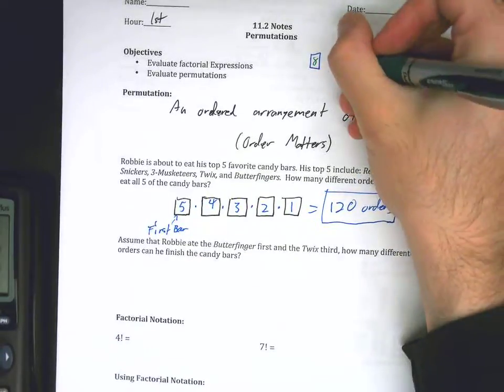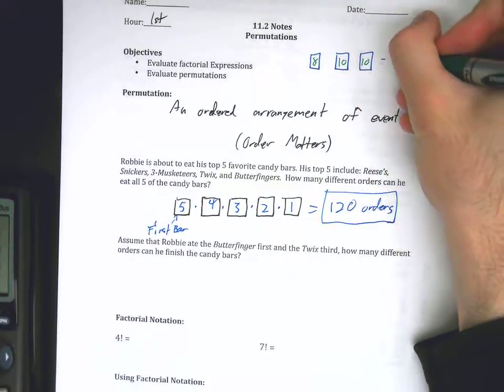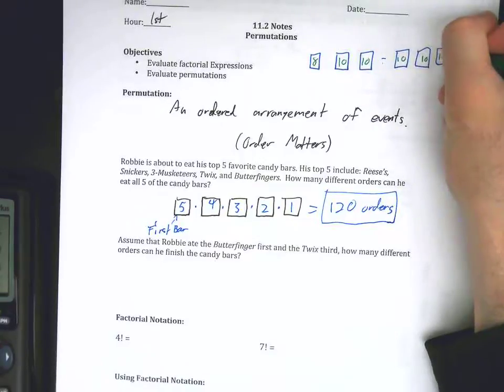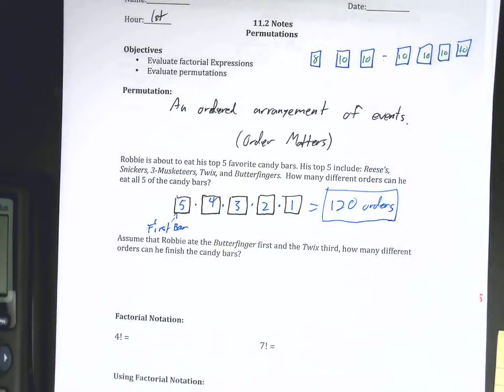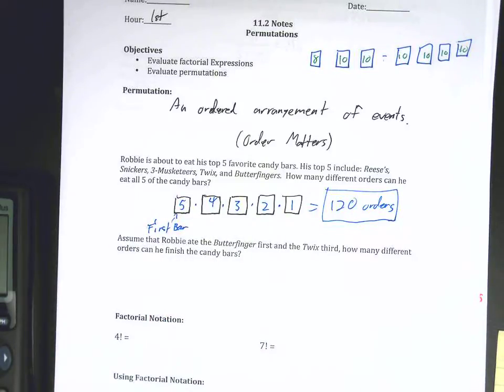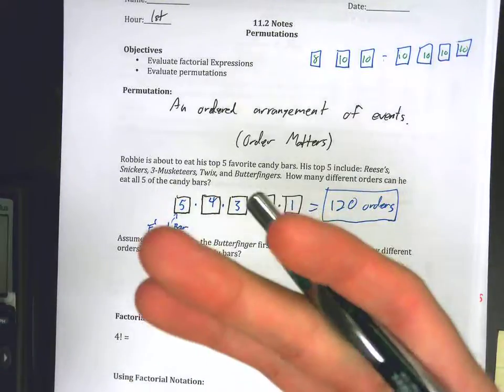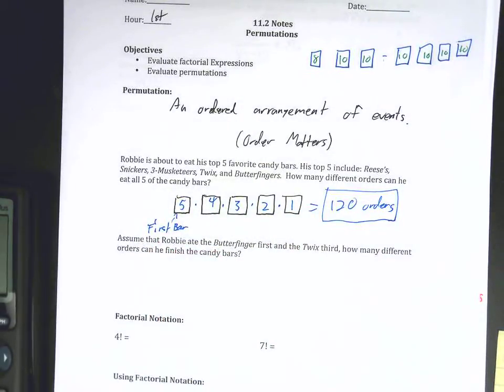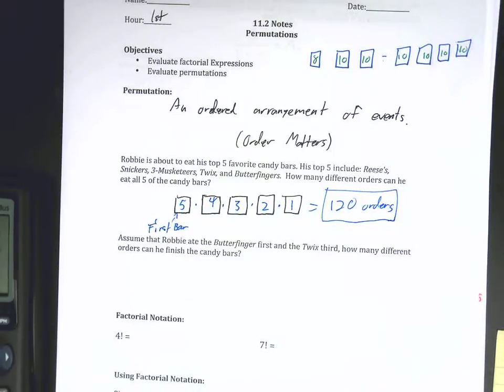But all the rest of the numbers had 10 options. And that was because we could reuse numbers. We could reuse 0 through 9 as many times as we wanted, other than on the first number where we were limited by 0 and 1. So permutations come into effect when something gets removed from the pool of possibilities. So that's where a permutation is different than what we were doing with the basic fundamental counting principle.